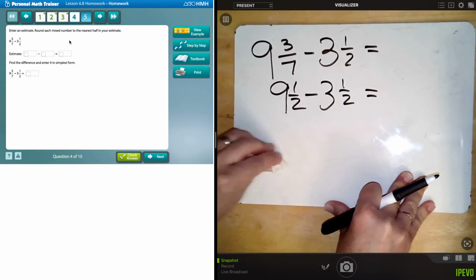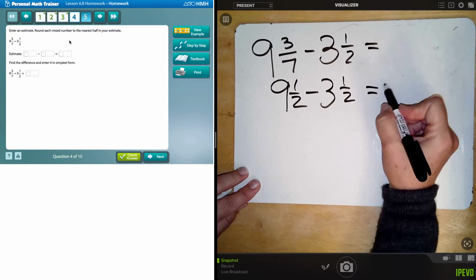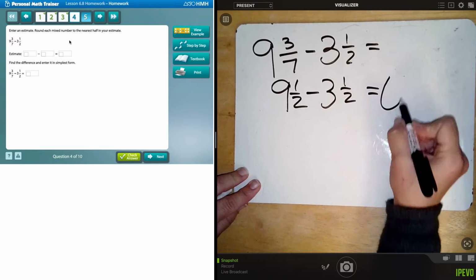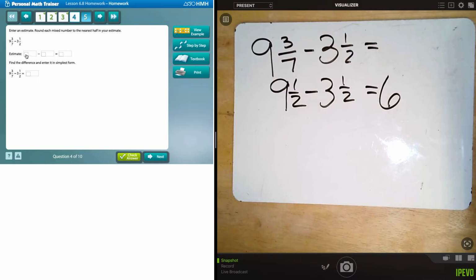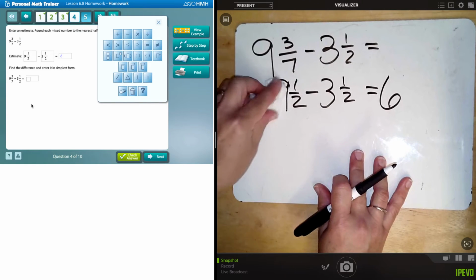All right, I got a little sketchy there. I think 9 1/2 minus 3 1/2 will just be 6. So let's try it. 9 1/2 minus 3 1/2 equals 6. And then we need to solve it.